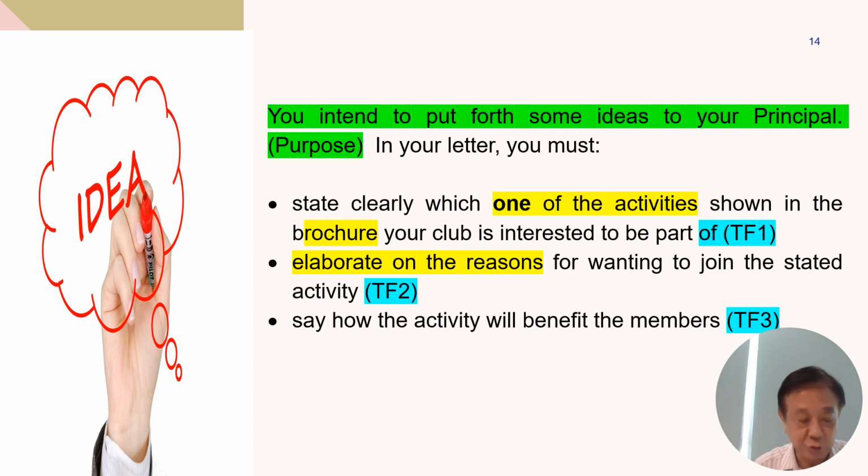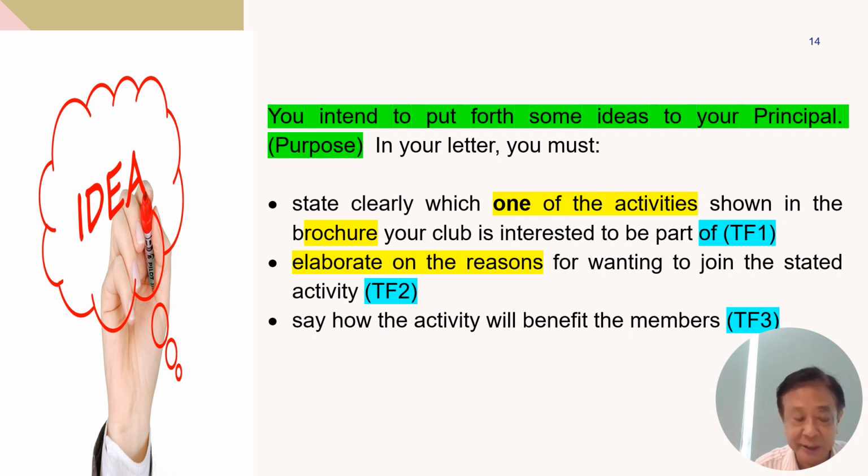Now, you intend to propose some ideas to your principal. Write a letter to your principal saying, now there are 3 bulleted points here. So I mentioned earlier just now that it is important that you elaborate on all 3 bulleted points.